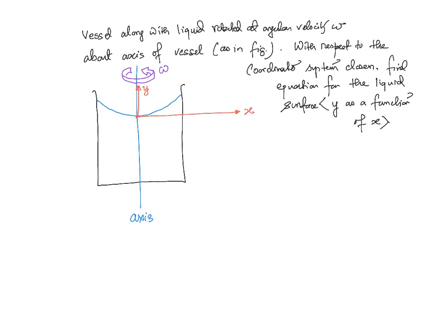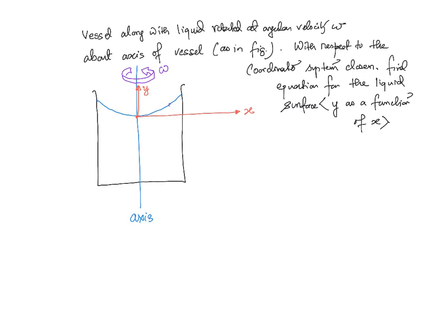So how do you find the shape, the equation of this liquid surface, I mean this 2D equation? Let me tell you, the shape is a parabola, but the actual 3D shape is a paraboloid. A paraboloid is a surface which you get on rotating a parabola about its own axis.